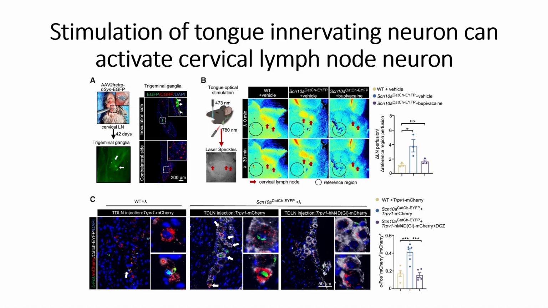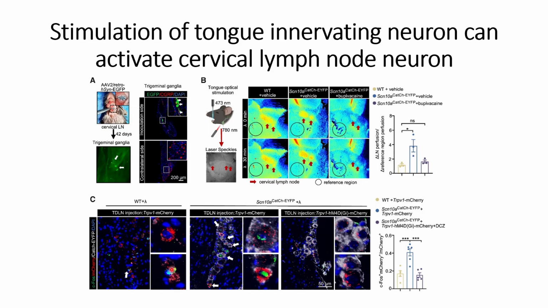The transduction is there, and in the presence of light, this Scn10a CatCh-EYFP will trigger FOS induction, and FOS induction is EGFP labeled. So whenever FOS induction occurs in the presence of light, they are able to see EGFP signals.